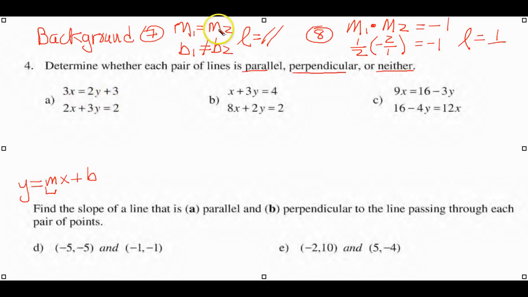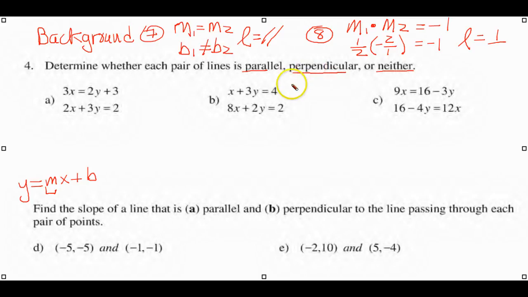If the slopes are the same, but the y-intercepts are different, the lines are parallel. If you find the slopes and get the product of the slopes as -1, the lines are parallel. I'm sorry, perpendicular. Got carried away. The lines are perpendicular. And then all others would be neither.